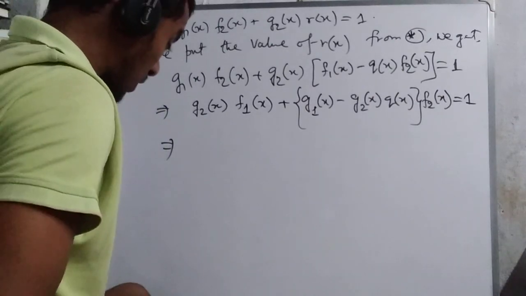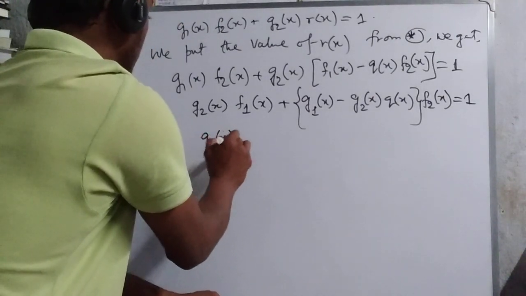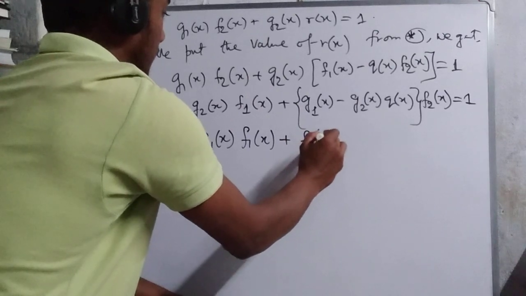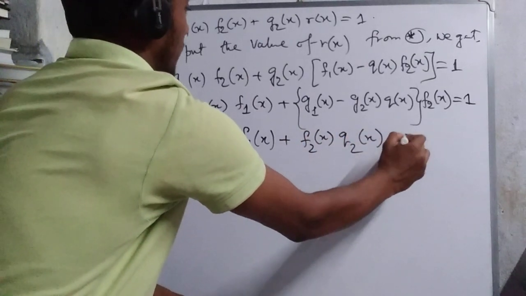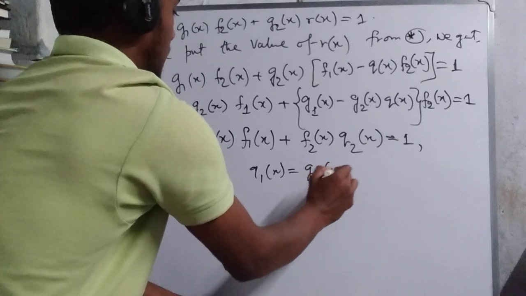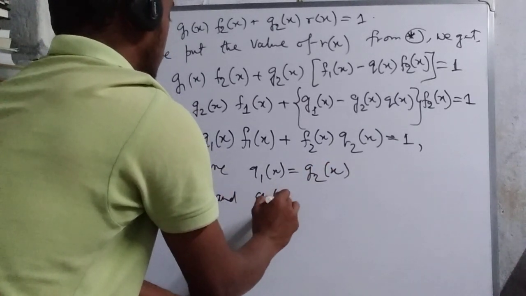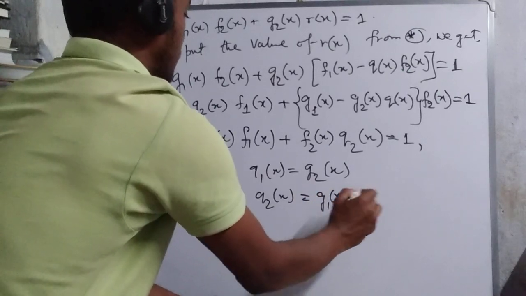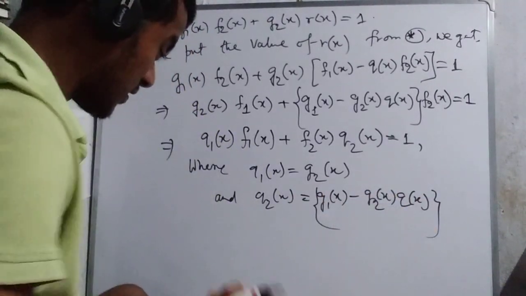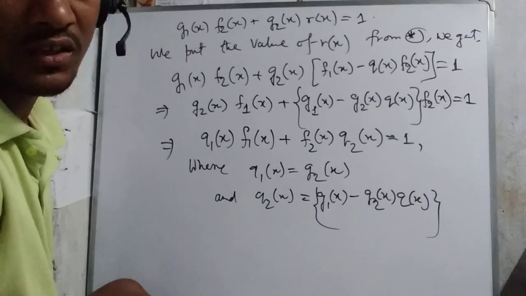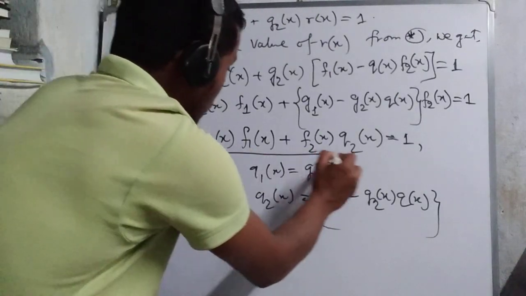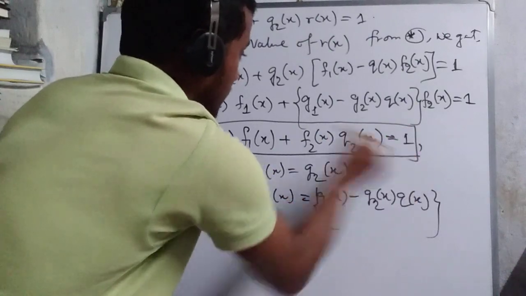We talk about that this one equals q1(x) f1(x) plus f2(x) q2(x) equals 1, where q1(x) equals g2(x) and q2(x) equals g1(x) minus g2(x) q(x). Understood? I think all of it is understood easily, because we do it step by step and obtain our required result.